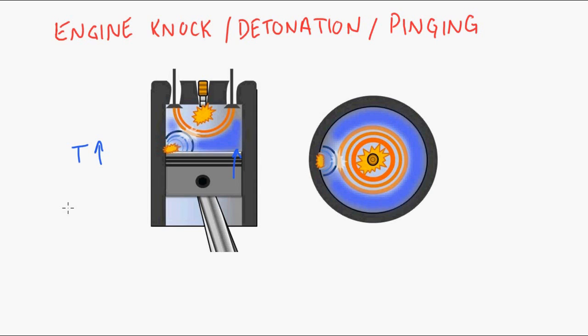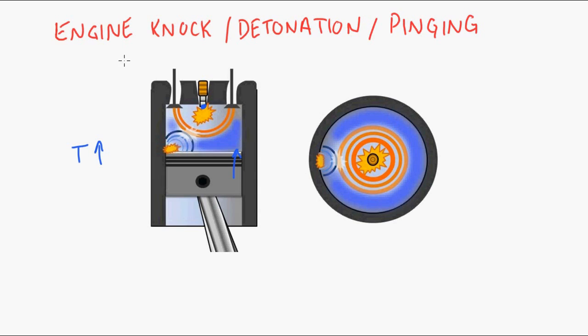So as the temperature's high, that could cause the fuel and air, which are already in the cylinder, to auto-ignite. We want the ignition to occur at the time we specify, which is when the spark plug goes off.